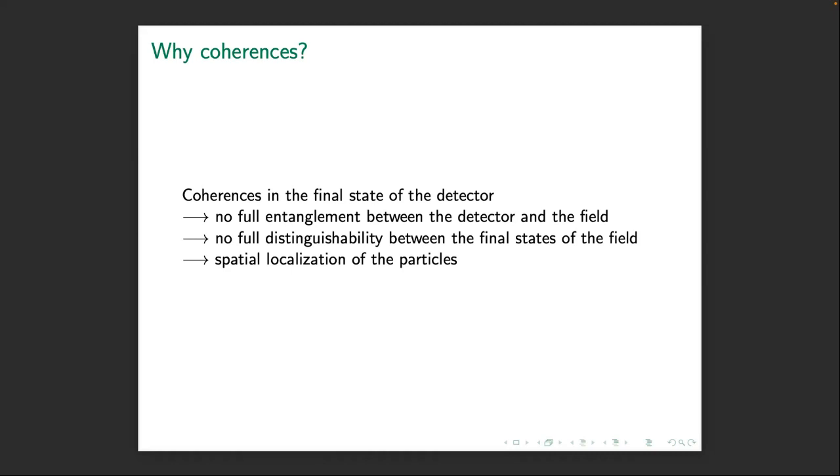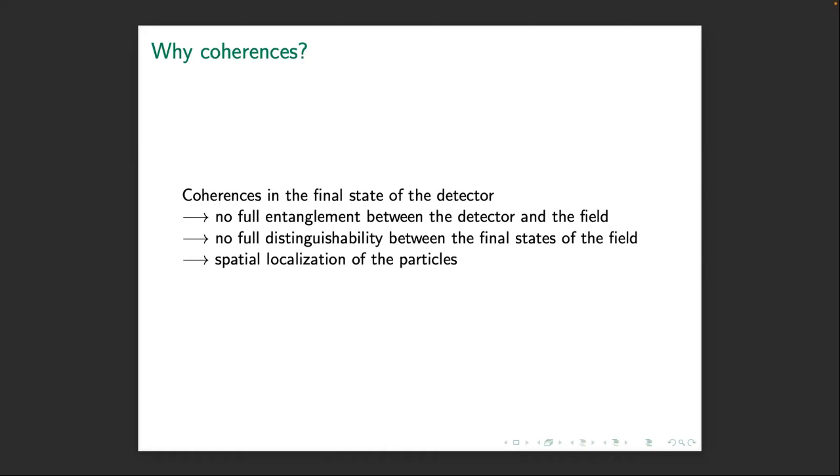This, on the other hand, means that two states of the field left after the excitation of the detector on the trajectory n and on the trajectory m are not fully distinguishable. And what could be the reason of such non-distinguishability? Well, maybe this occurs because the detector on both trajectories could have swallowed the same particle.